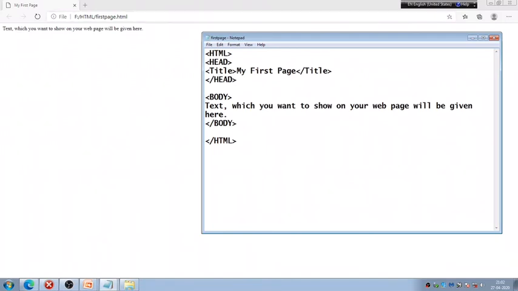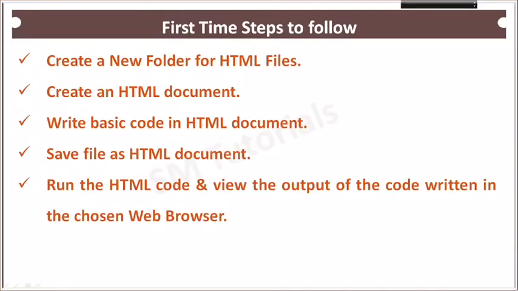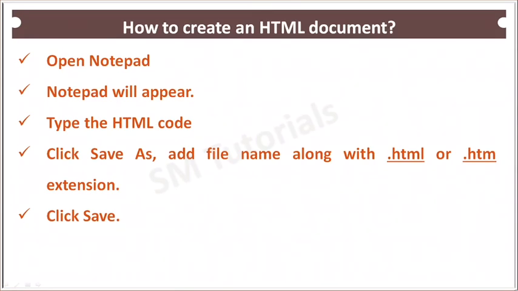So students, now you know how to write an HTML code. You can recall the process I have done: I opened Notepad, typed the HTML code, then clicked Save As and added the file name along with the extension, either .html or .htm.